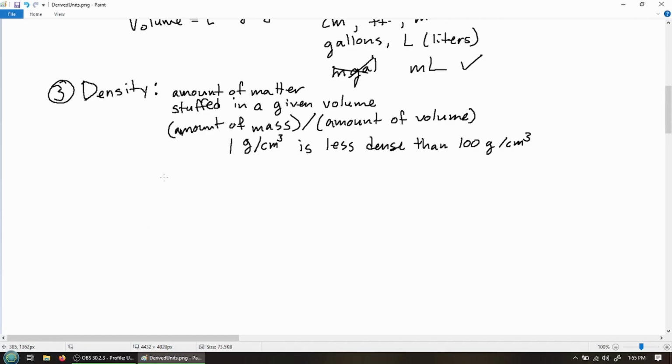So with this written out now, we may have an idea of how this is going to look. We can say that density is going to have units of mass divided by, we could say volume here, okay, so let's go ahead and write that.